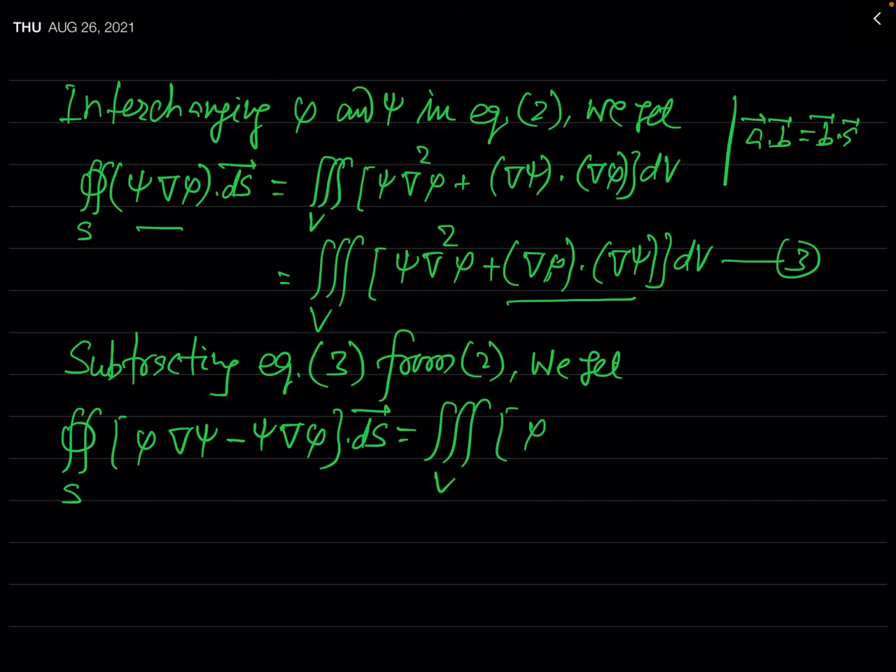That will be phi del 2 psi minus psi del 2 phi dV.